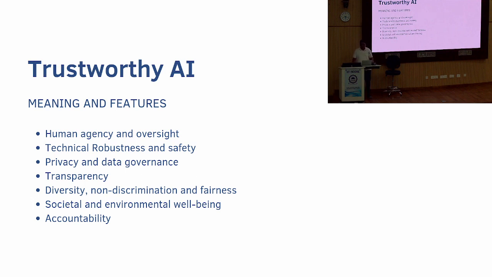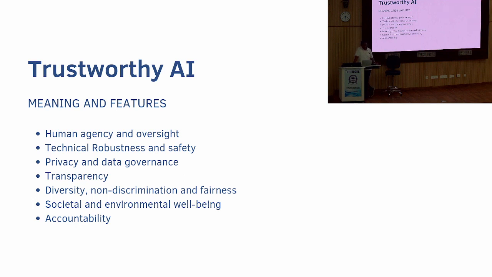Then unfair bias must be avoided, as it could have multiple negative implications, from the marginalization of vulnerable groups to the exacerbation of prejudice and discrimination. Fostering diversity, AI systems should be accessible to all, regardless of any disability, and involve relevant stakeholders throughout their entire life cycle. This diversity should be dynamic, and AI systems should benefit all human beings, including future generations.